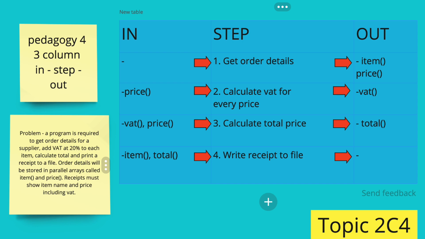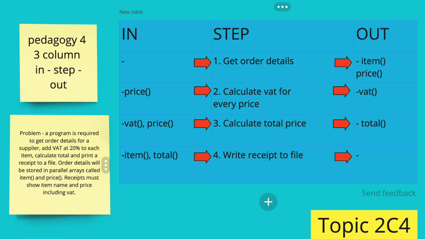So from step 1, we see the price going into step 2 and VAT coming out. Yeah, and then so that's going into step 2 as well. So that would be our price here. And then if we look at the VAT and the price, that's going to be going into step number 3.